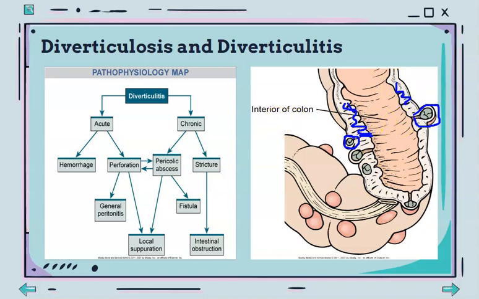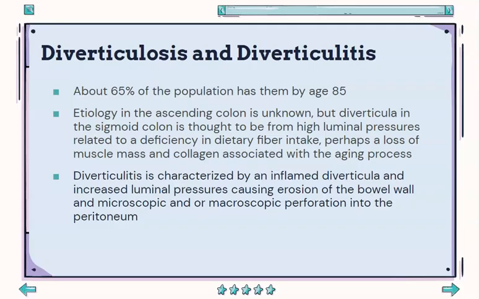Diverticulosis is when we have essentially a herniation of this lining without subsequent inflammation. And then diverticulitis is when we see inflammation associated with it. We'll see about maybe 65% of the population will end up with diverticulosis or diverticulitis. Once you've had diverticulitis once, your chance of getting it again increases.